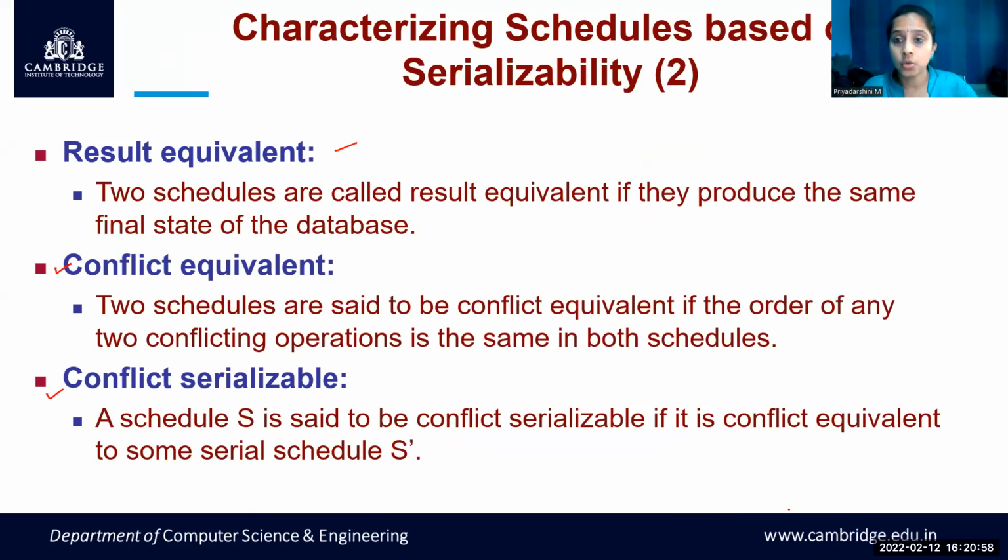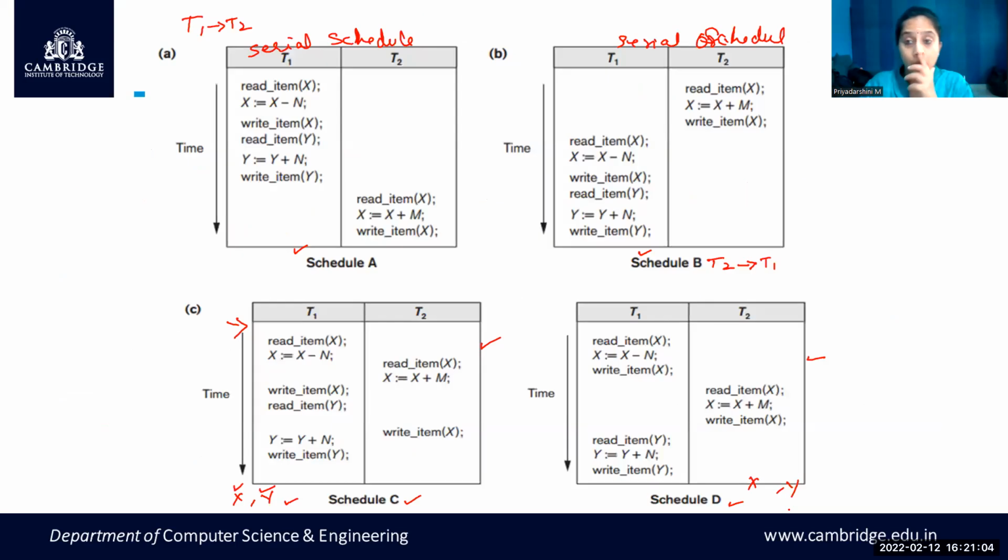Now conflict equivalent. Two schedules are said to be conflict equivalent if the order of any two conflicting operations is the same in both schedules. What is the conflict operations here? Read, write, write, read, write, read.